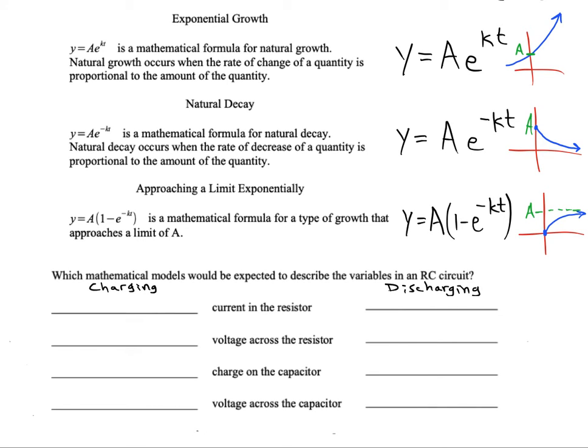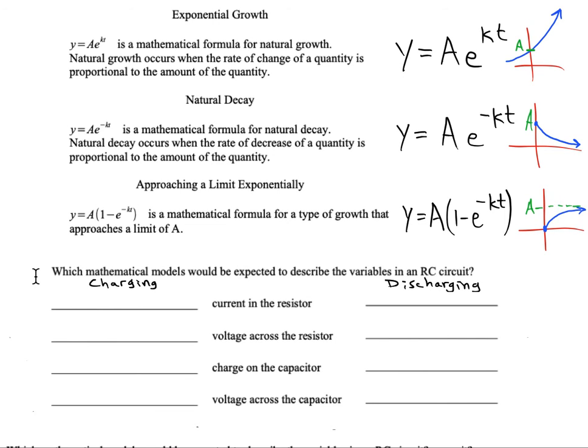When we charge an RC circuit with a battery, the current starts off high, and then it decays to a lower level. So for this reason, we want to use y equals A e to the negative kt for current in the resistor.